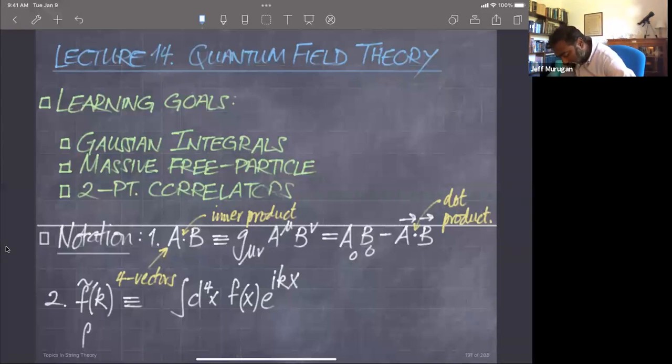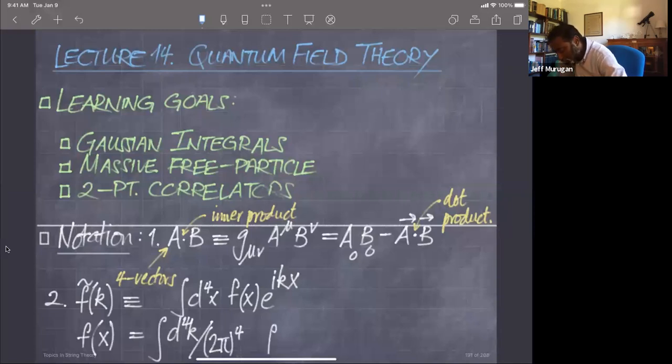And the inverse of this Fourier transform, so given f̃(k), I can reconstruct f(x) as the integral d^4k, so integral over momentum space, over (2π)^4. That's my measure on the integral, f̃(k) e^{-ikx}.